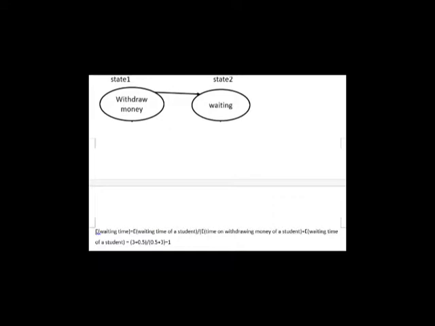So we use (3 + 0.5) divided by (3 + 0.5) here, and the outcome is 1. I think the outcome may not be very practical, but this example makes sense.